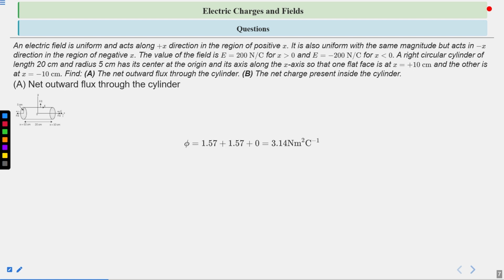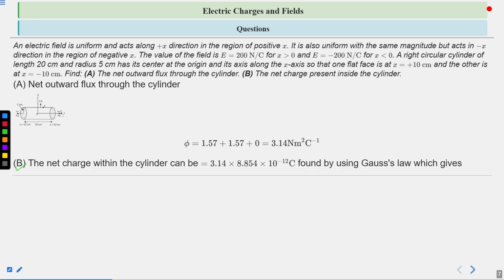Look here: 1.57 plus 1.57, because the magnitude of flux through the left face and the right face are the same, and the electric flux through the curved surface is 0, because the electric field and area element are perpendicular. So the net outward flux is 3.14 Newton meter square per coulomb. So this is the net flux.